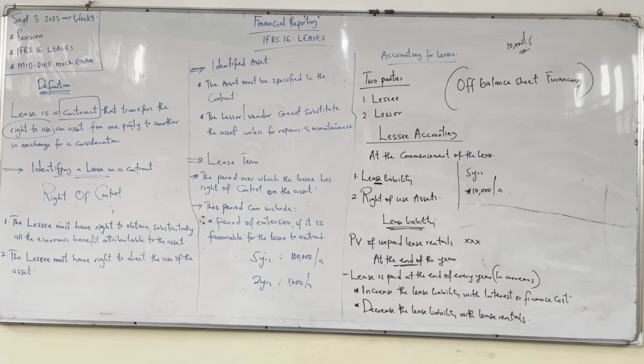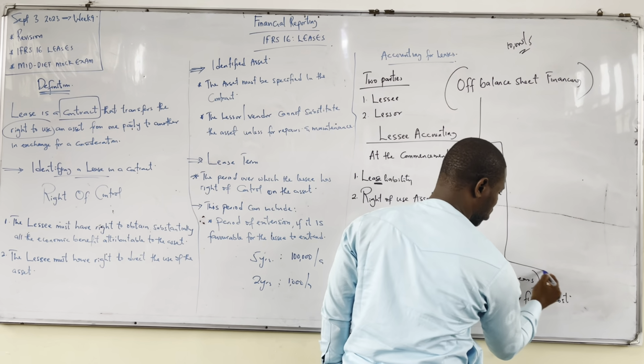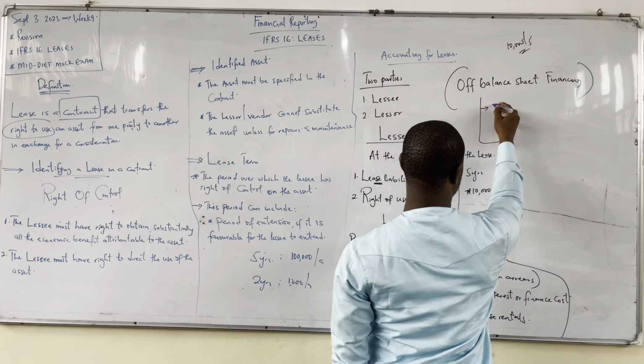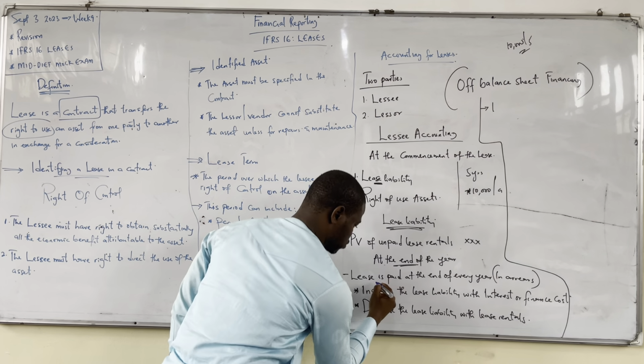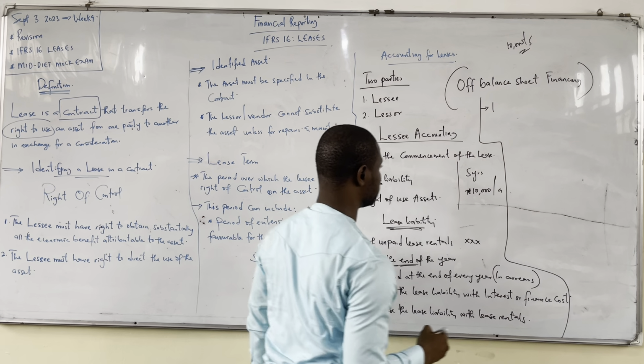Now let's look at the second dynamics, which is where the lease rental is paid at the beginning of every year. The second one, this one, just put lease rental.